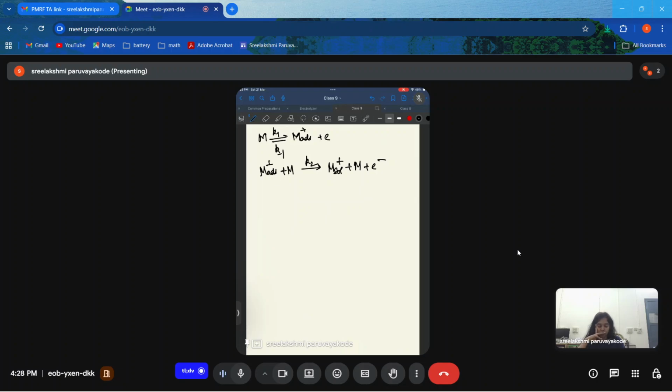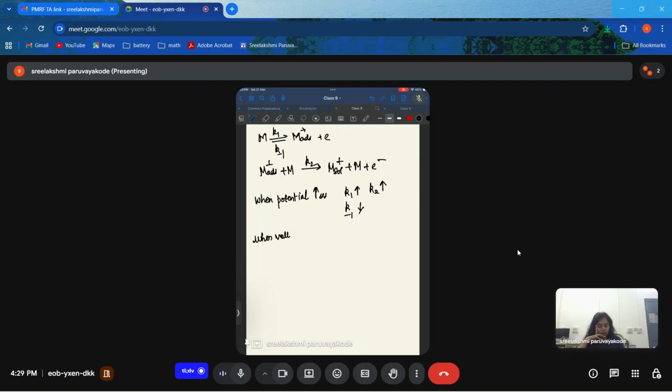So now when potential increases, which reactions increase? When you see there is an increase in the potential, we can say that the forward reactions will increase. K1 will increase, K2 will also increase, whereas the backward reaction, K minus 1, will decrease.